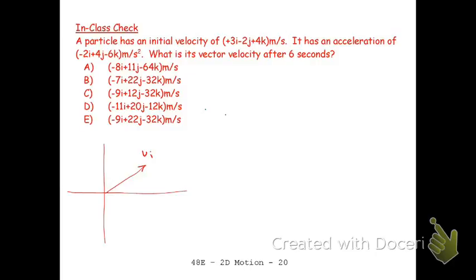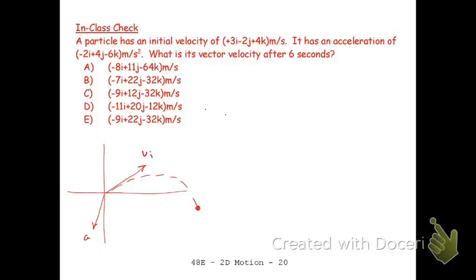And it has an acceleration. My acceleration is going to be down here. It's a constant acceleration, or else these equations don't work. And I want to know what is the vector velocity after 6 seconds. So this thing's going to move around a bit. The actual path followed is going to move around a bit like that.